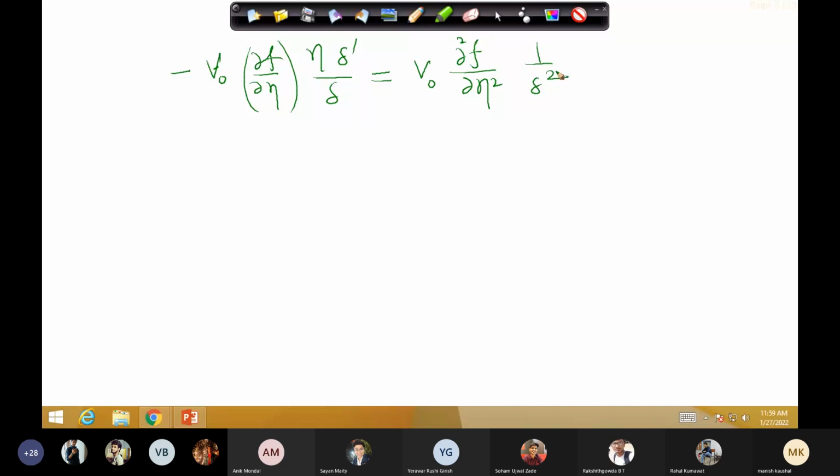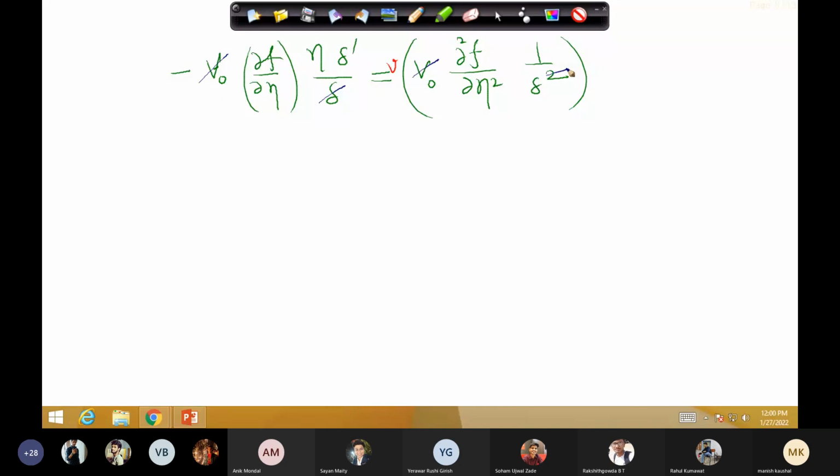Now let's cancel whatever is getting cancelled. And there is a nu also, by the way, don't forget it. This kinematic viscosity, momentum diffusivity. So V naught gets cancelled. One delta gets cancelled. Okay.